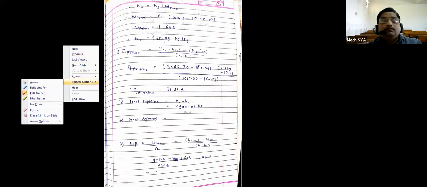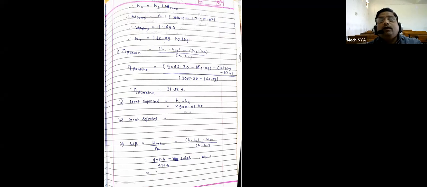And H4: the pump work is equal to 0.1 into boiler pressure in bar, 70 minus 0.07, and W pump is equal to 1.693. If you add it to H3, H4 is 165.909. Then eta Rankine is 31.38.